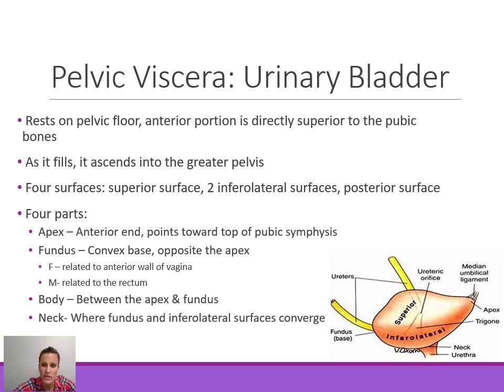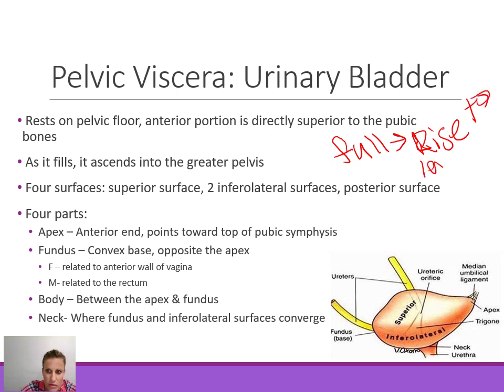And when it's completely full, the bladder can actually rise as superior as the umbilicus.